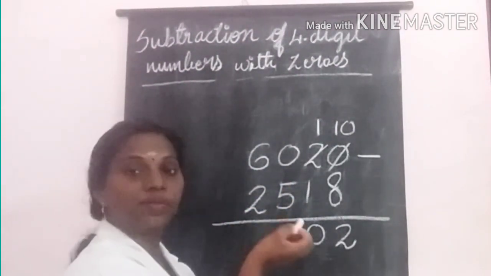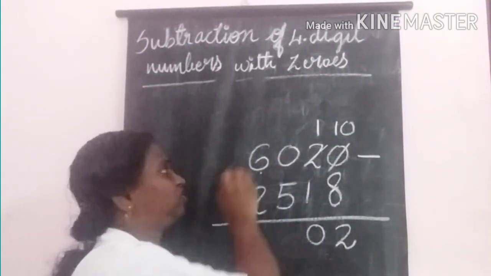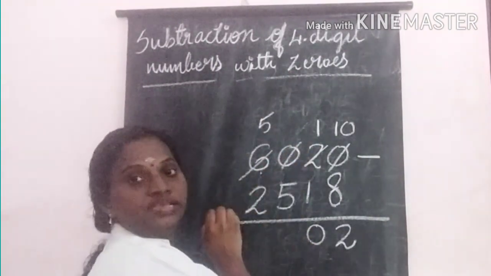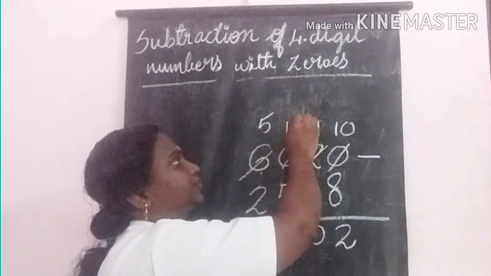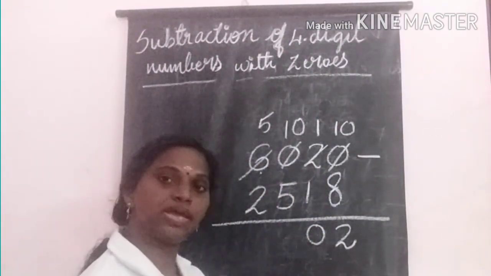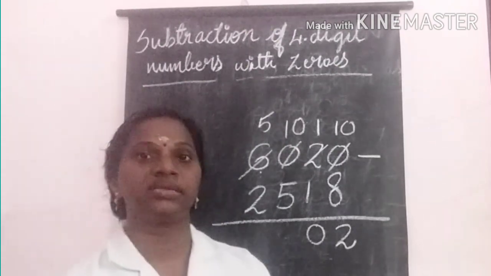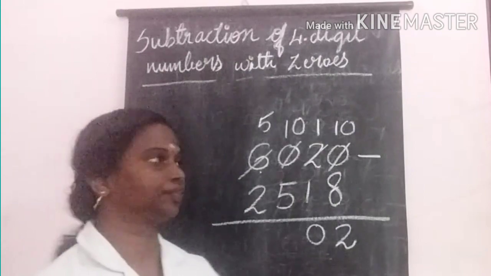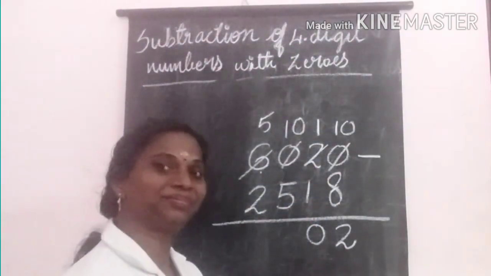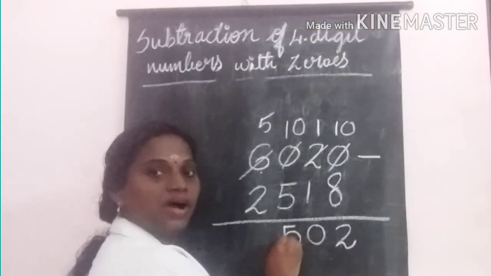Now we can borrow 1 from 6. So this 6 will be 5 and 0 will be 10. Now we can subtract 10 minus 5. What is 10 minus 5? Yes, 10 minus 5 is 5.